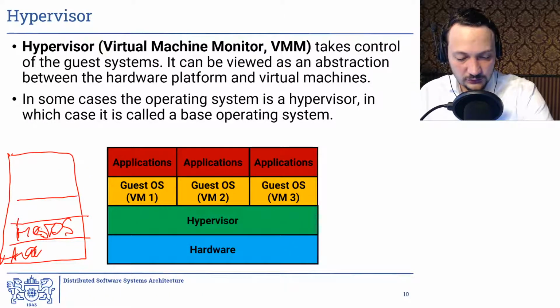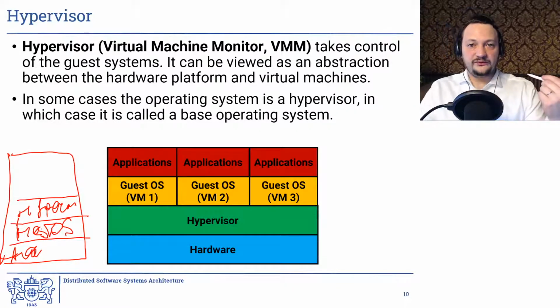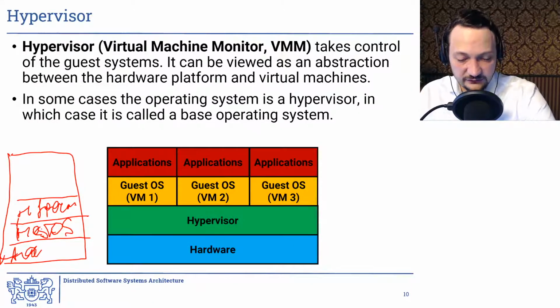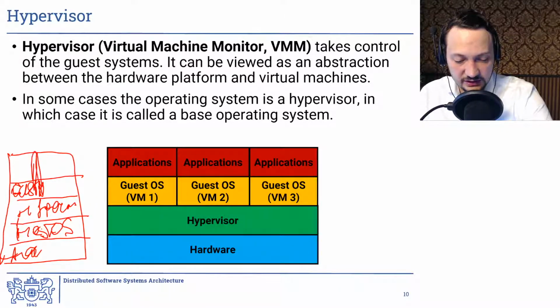Then we have the hypervisor, for example the VMware hypervisor. On top of this hypervisor, we have our guest operating systems. And on top of the guest operating system, we have the application.